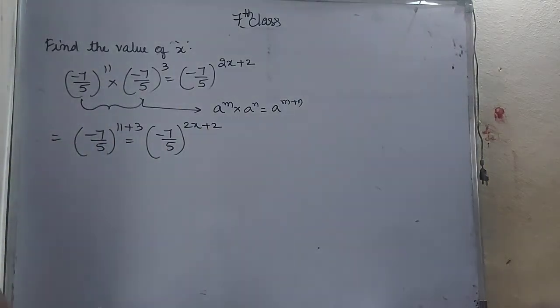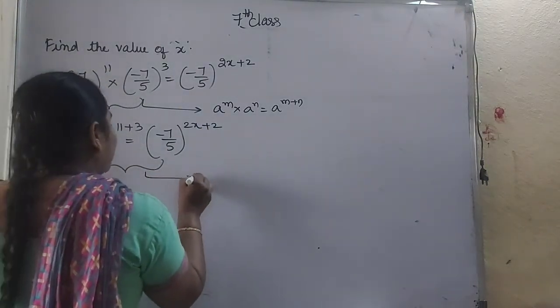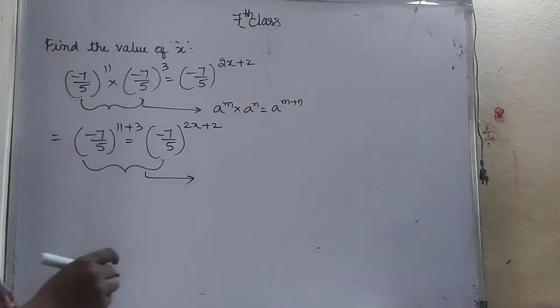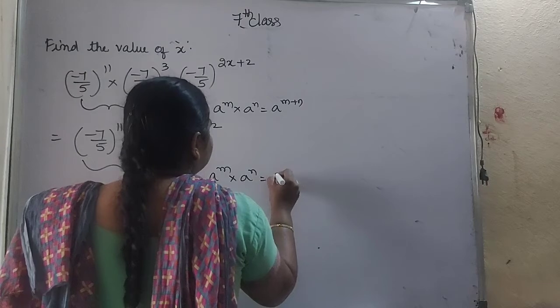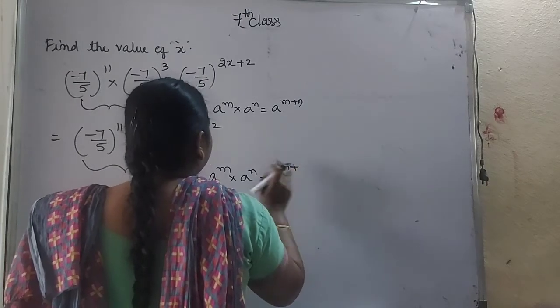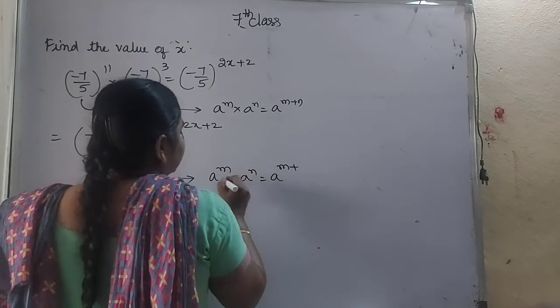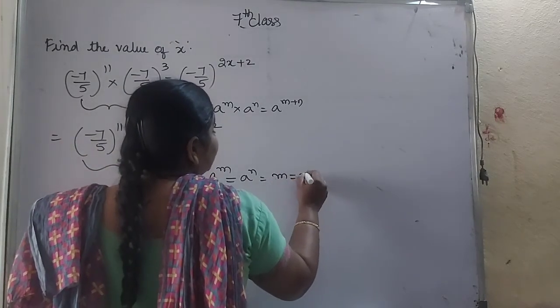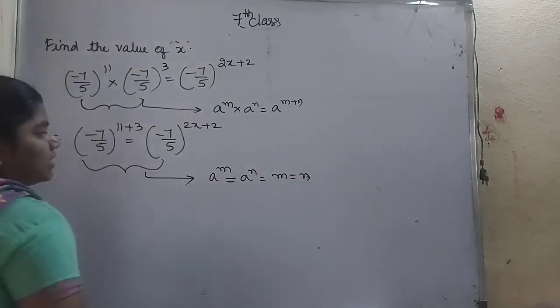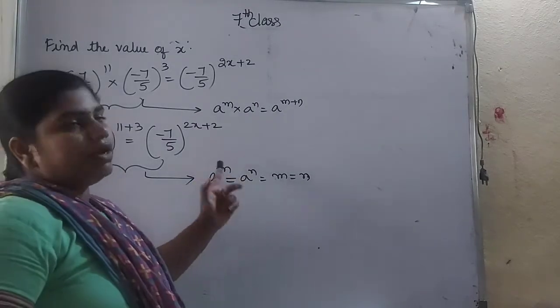Now in this case, which formula will we apply? We will apply the last condition, that is a power m is equals to a power n gives rise to m is equals to n. So when both bases are equal, we have to equate the powers.